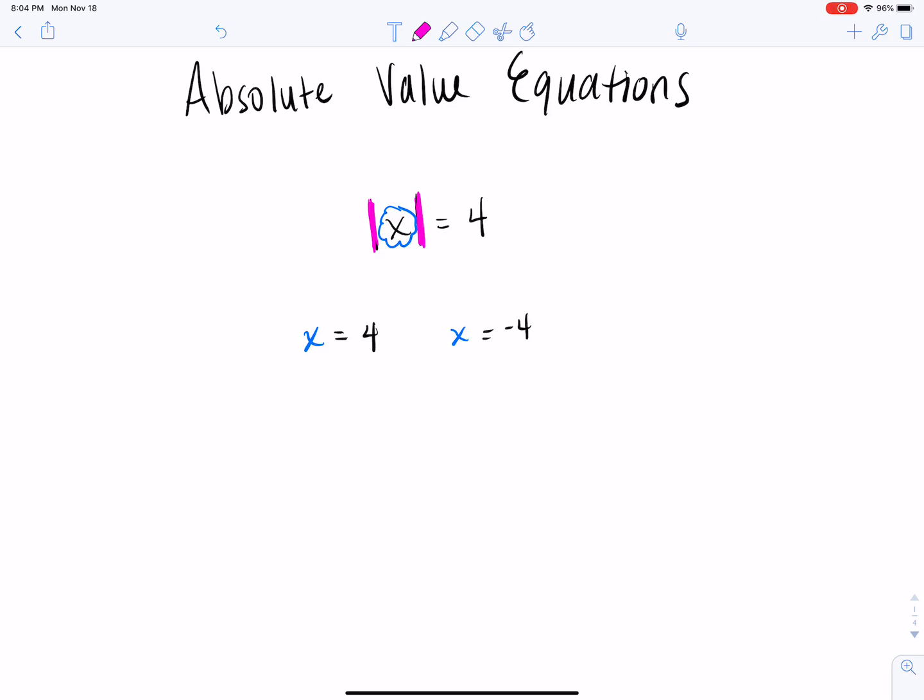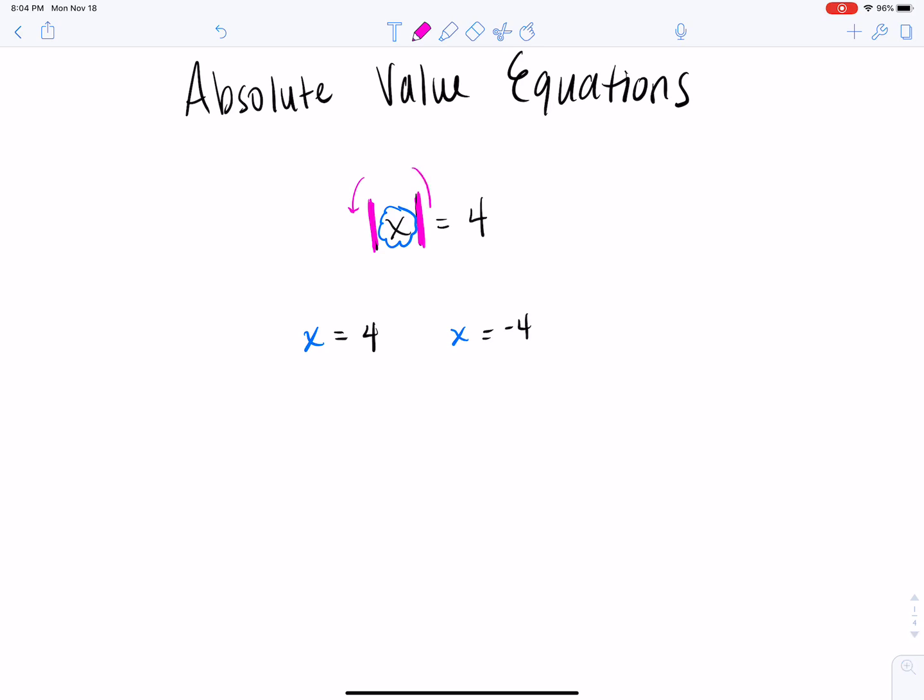So what's going to happen today is you're going to do more complicated absolute value equations and absolute value inequalities. A couple of things that I want to point out about this really simple problem that we started with. First thing is, there was nothing in front of the absolute value bars.